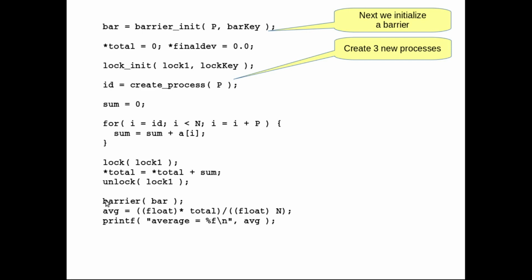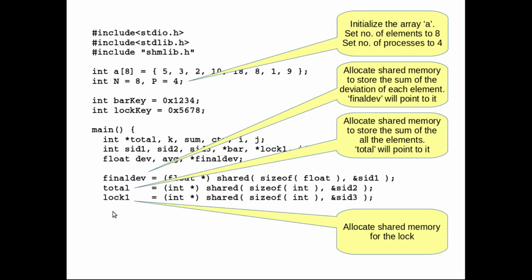Before I proceed with explaining this part of the code, let me go back and show you that we have one variable sum, and this is not a shared variable, this is a private variable, and each process will have a copy of this variable sum.